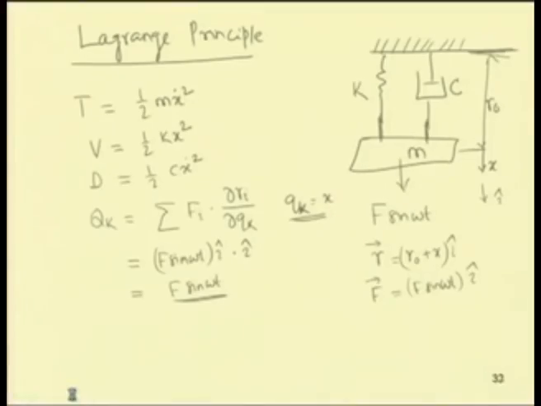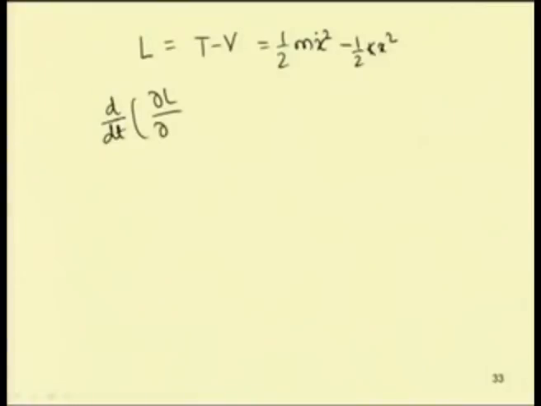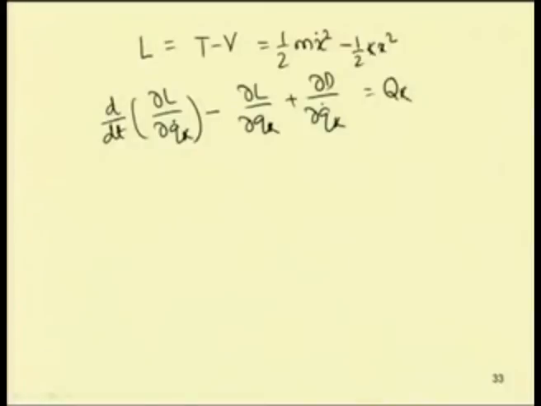Now, by using the Lagrange principle, we can write L equal to T minus V, that is equal to half m x dot square minus half k x square. This Lagrange principle tells us d by dt of del L by del q k dot minus del L by del q k plus del D by del q k dot will be equal to q k.